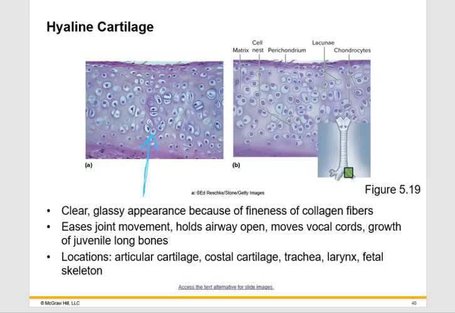So it looks more like a clear background with those lacunae holding the chondrocytes. We find hyaline cartilage on the end surfaces of our long bones. That's called articular cartilage. Also within the cartilage found on our rib cage, and then in the trachea.